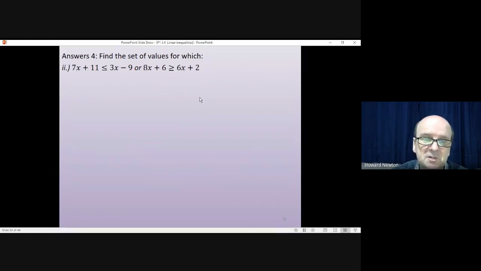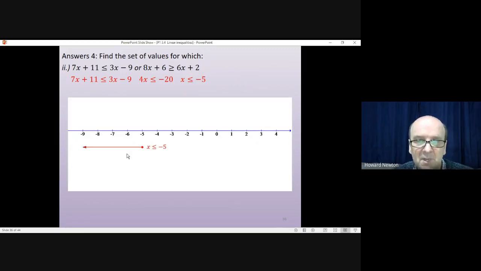Now the second question, the word or is in the middle. Now we'll come to that in a moment, but it does matter. The word or does mean something different. But first of all, 7x plus 11 is less than or equal to 3x minus 9. Tidying that up gives us 4x is less than or equal to minus 20. And tidying that gives us x is less than or equal to minus 5. Drawing it, that's what we will have.